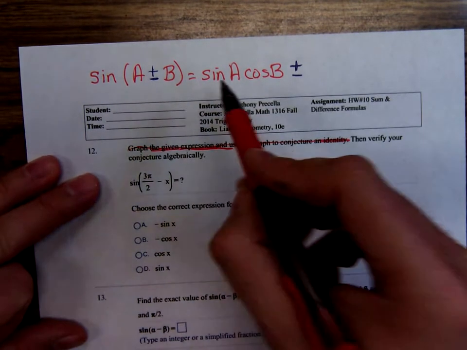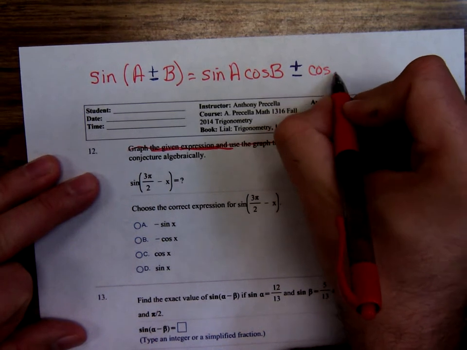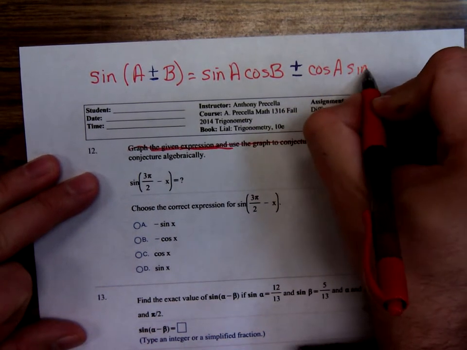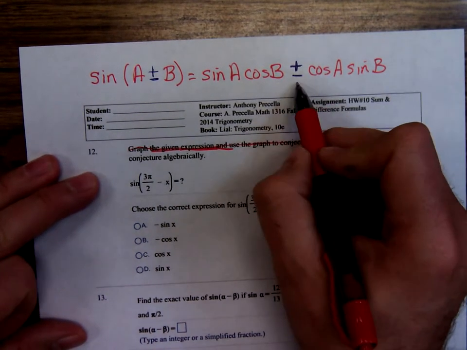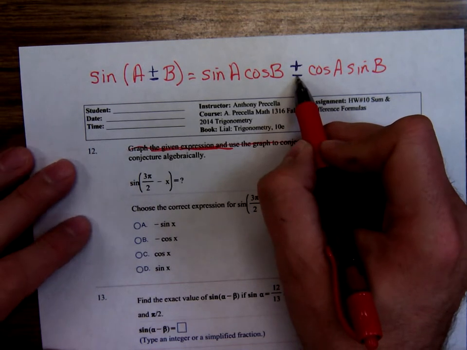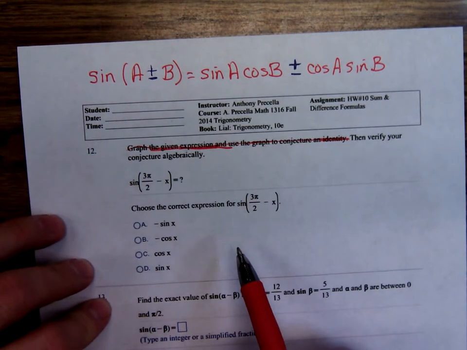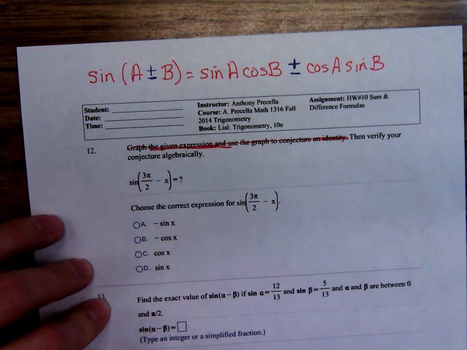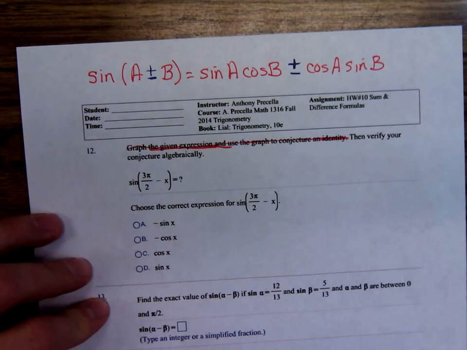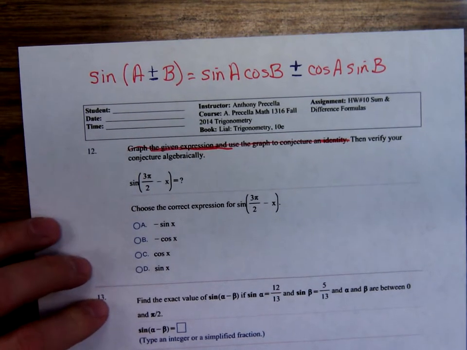Sine, cosine, cosine, sine. Same symbol in the middle. So that's what we're going to use to simplify sine of 3 pi over 2 minus x.